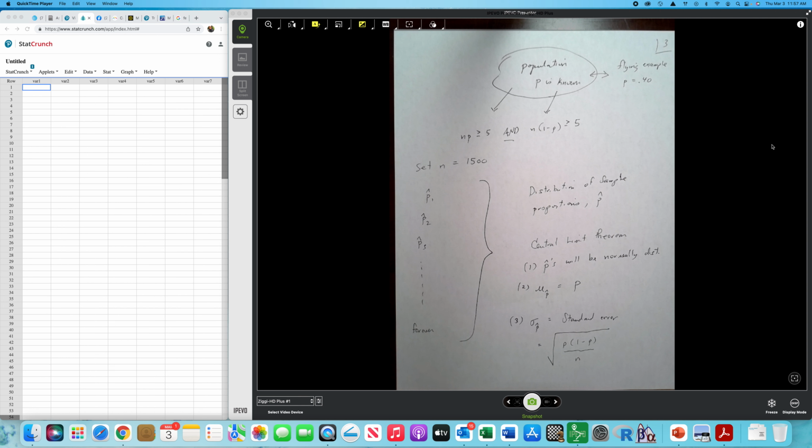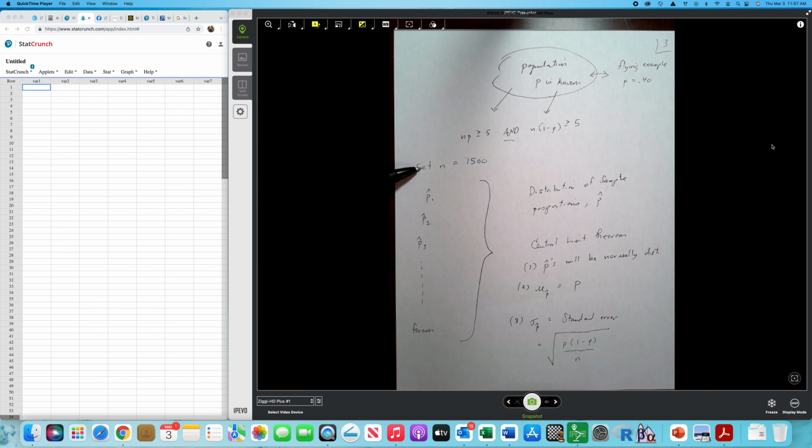If that is true, then we can go ahead and use this information. If it's not true, we have to pump the brakes. We don't have a large enough sample size for all this to be true. I'll illustrate that in an example in just a second.